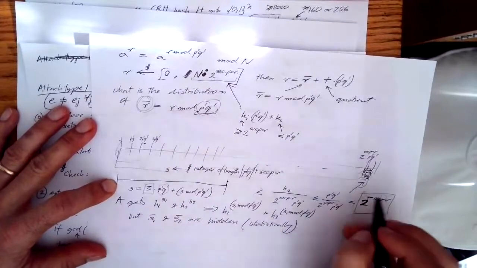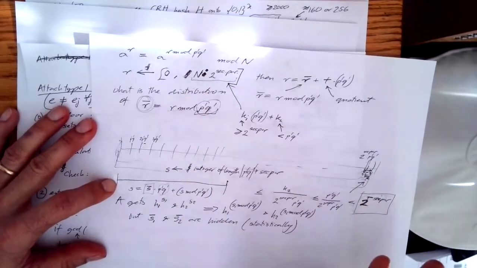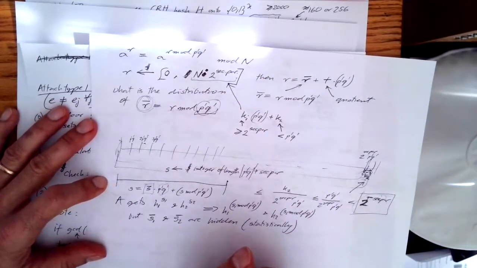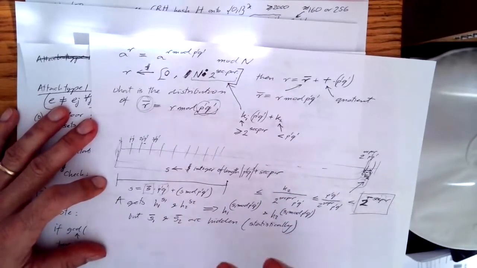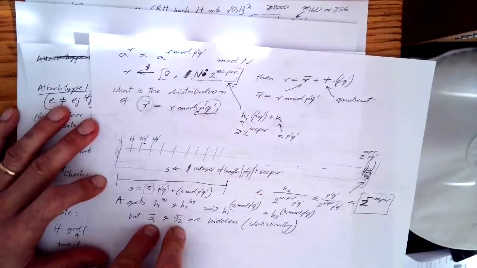You're getting information which is less than 2 to the minus security parameter, so it's a negligible amount of information. In other words, to any efficient attacker, you can just as well assume that they are uniform and therefore hidden from the adversary's view.